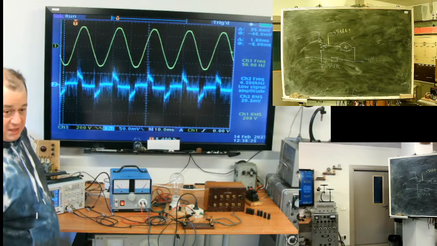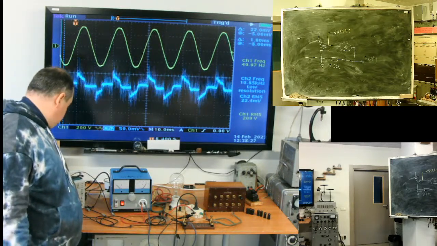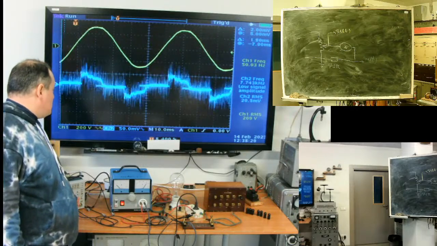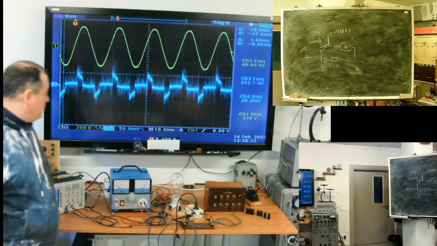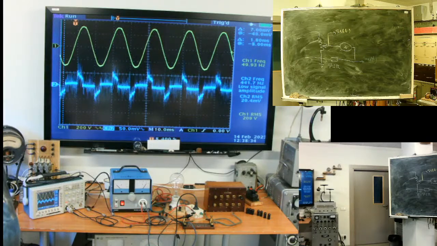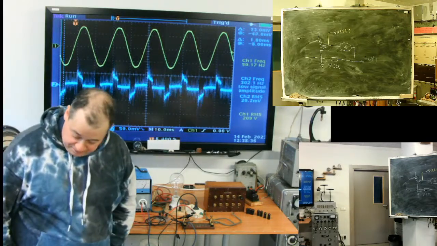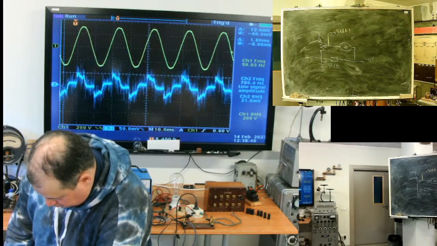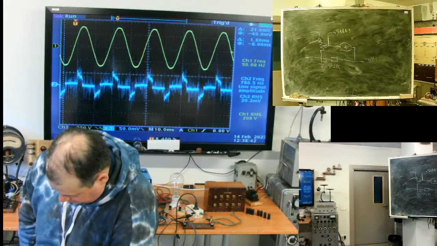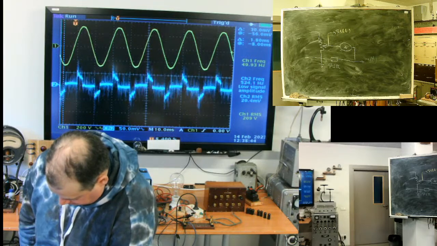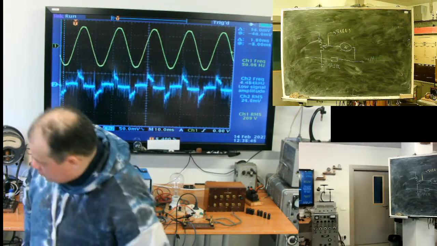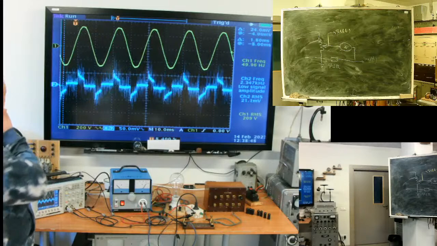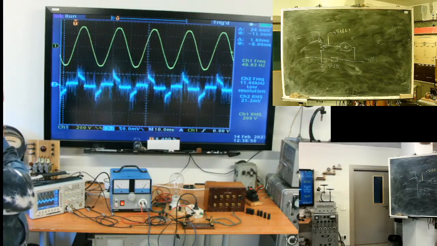I have prepared this one with power factor correction. Nice signal, isn't it?